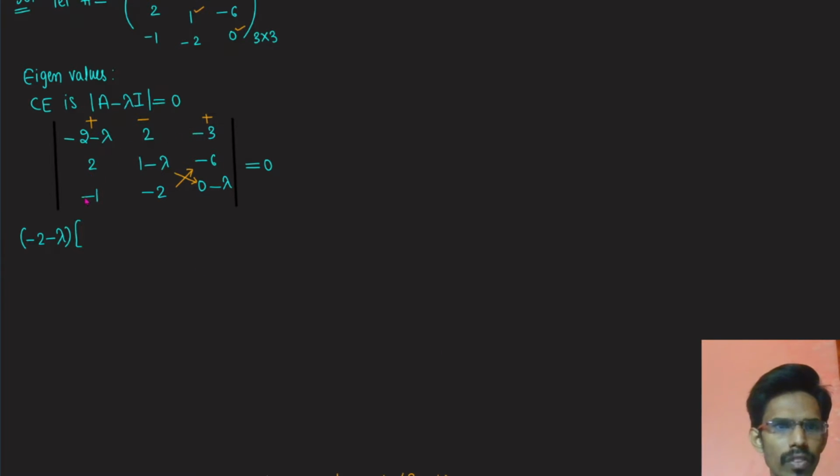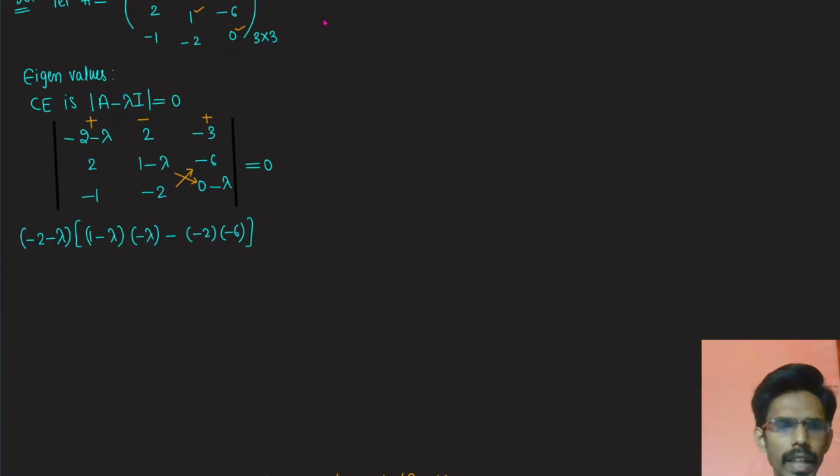Now apply AD minus BC, cross multiplication, that is (1 minus lambda) into (0 minus lambda, which is minus lambda). Put the minus sign, then we have -2 into -6.